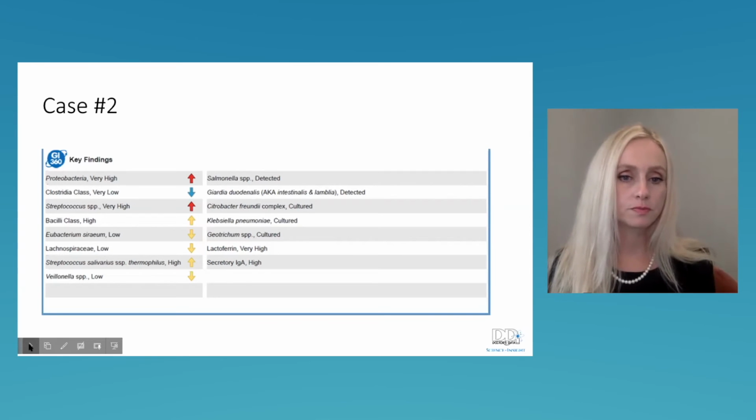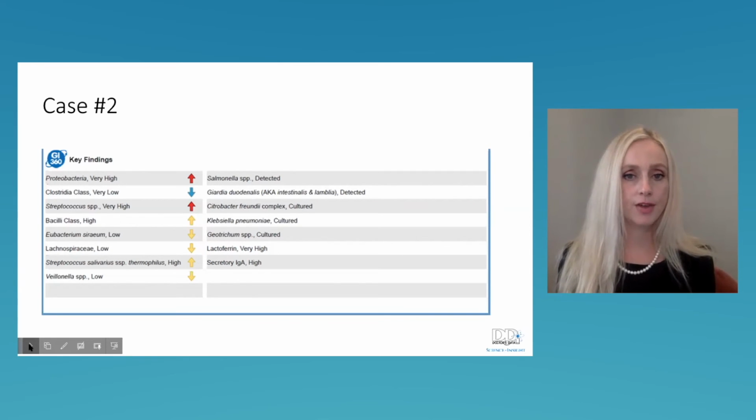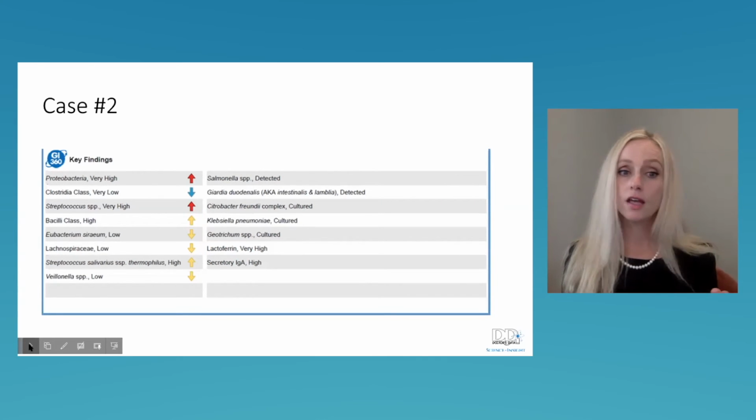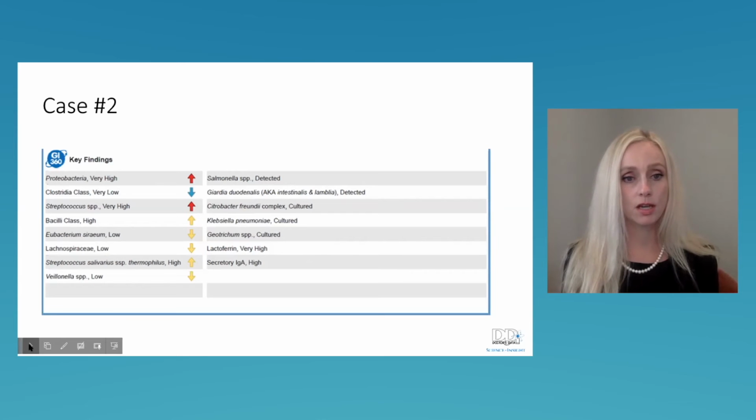And so again, putting everything together, this is a disrupted microbiome. And really there's a strong inflammatory component here, especially with these high proteobacteria, the low Clostridia, the lower Eubacterium, the lower Lactosporochiae. So we really do see an inflammatory setup here for this patient.